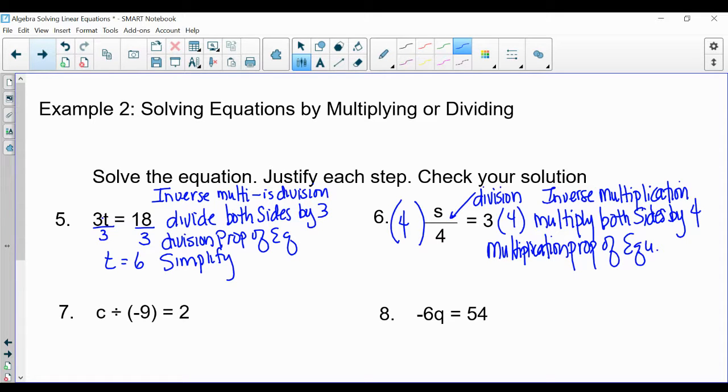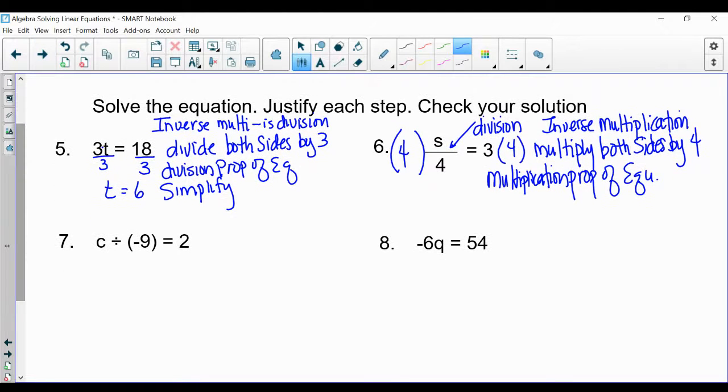All right, now this one is just written as a division problem, C divided by 9. Again, I know the opposite of division is multiplication. I can rewrite this as a fraction, if you love fractions so much.